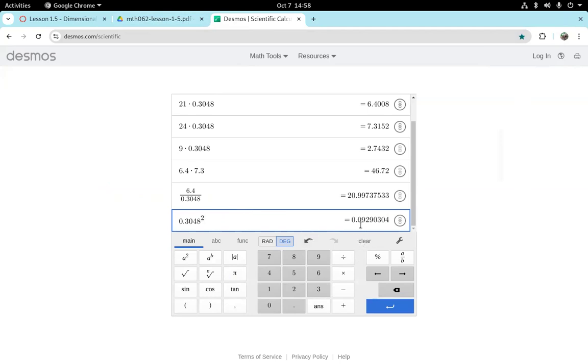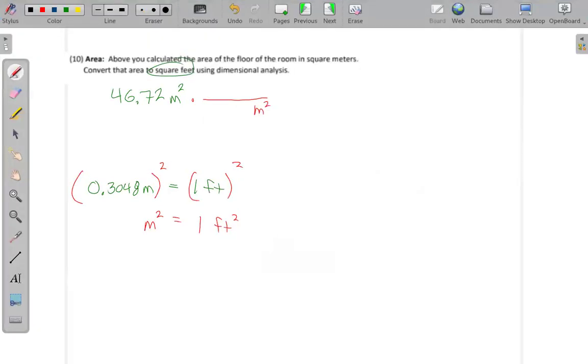I get 0.0929. So this had 4 decimal places. I might as well hold on to 4 decimal places. So 1 square foot is about 0.0929 square meters.